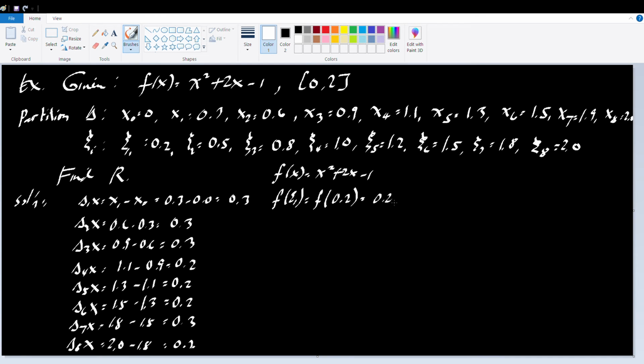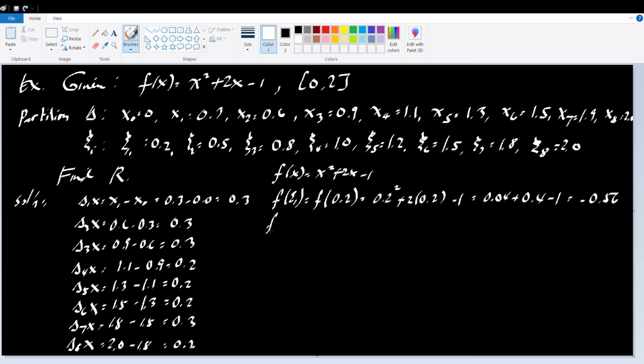That will be 0.2 squared plus 2 times 0.2 minus 1, which is 0.04 plus 0.4 minus 1. So 0.44 minus 1 is negative 0.56. Okay, so let us check that. 0.2 squared is 0.04, 2 times 0.2 is 0.4, minus 1, 0.44 minus 1 is negative 0.56.